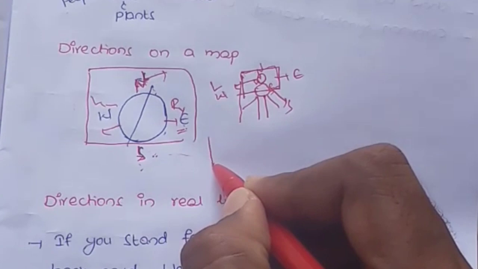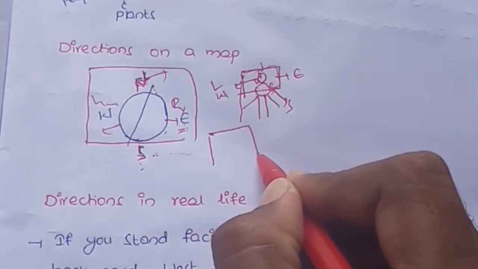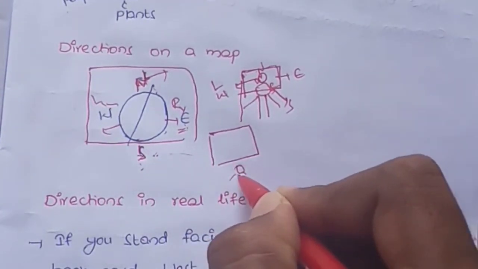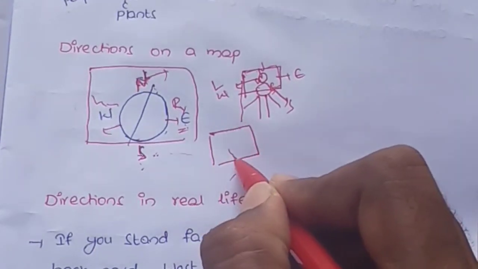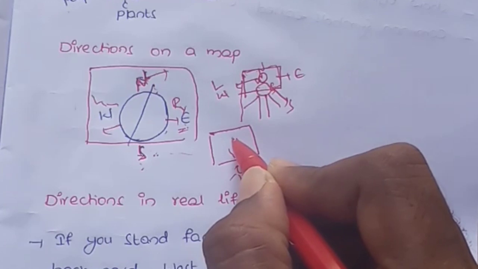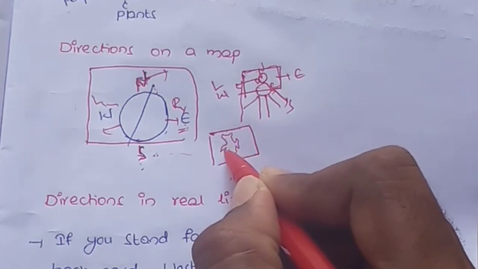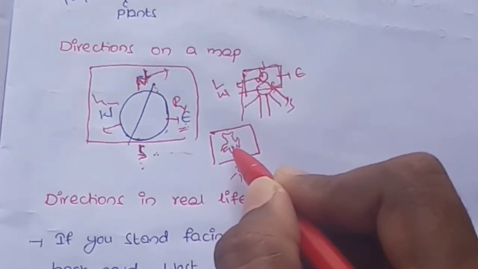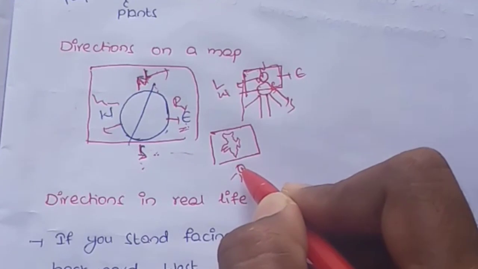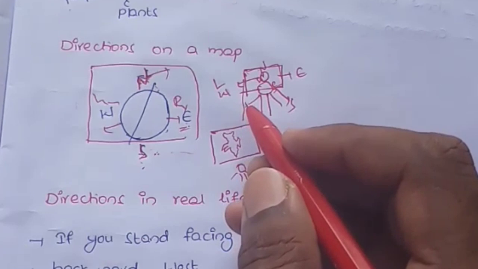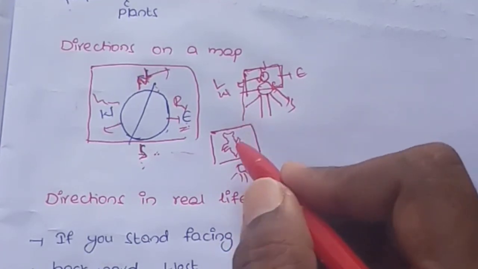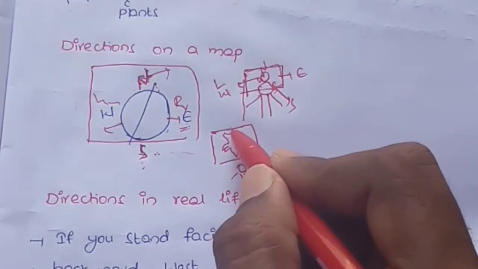Once again, imagine you are standing opposite a paper and drawing a picture, for example a map of India. On your head you have a catchy point, the nose, so N is the top part.